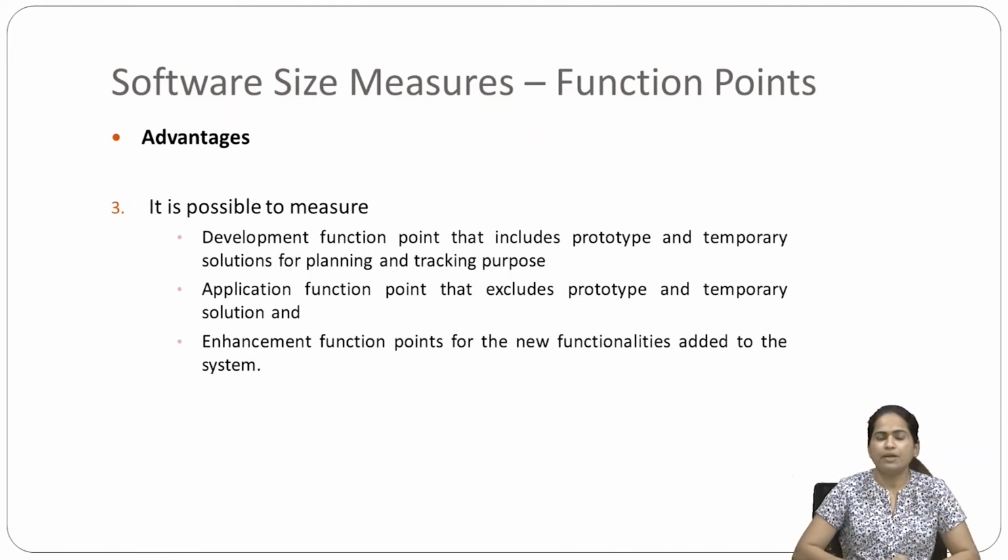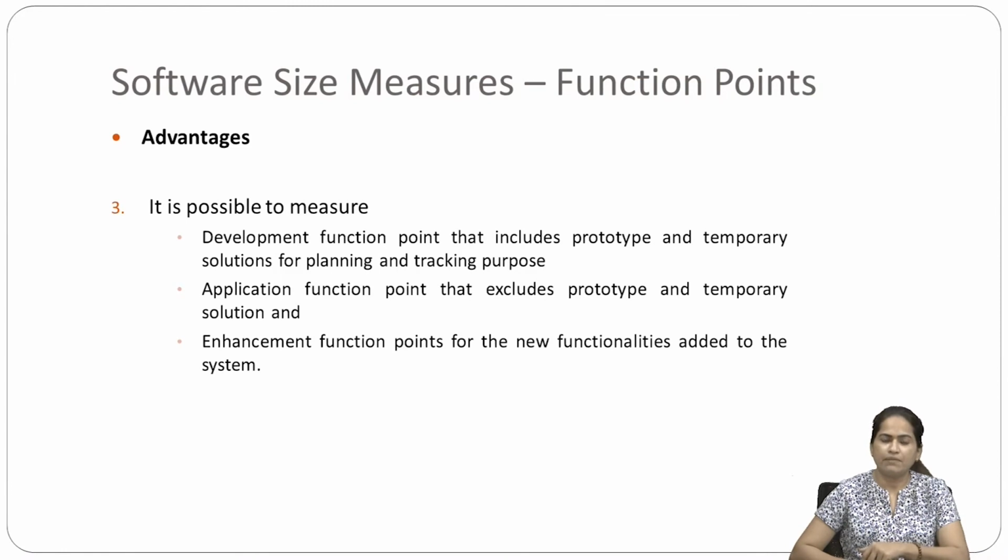The third one is that it helps us to measure three things. First is development function point, which includes prototype and temporary solutions for planning and tracking purposes. Second is application function point, which excludes prototype and temporary solutions.